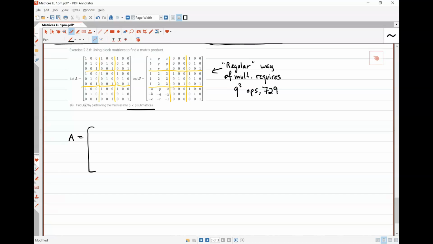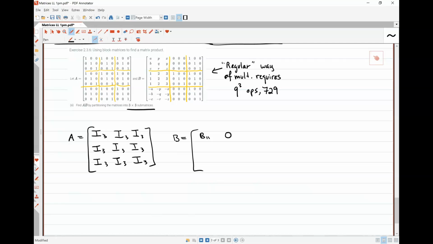All right, so let's write this down as a block matrix. So this is just a whole bunch of I3s, right? Do you guys see that? If you weren't watching me, I don't think I'd even write that down. And B, if I write this down, has some stuff in it in the first block, a zero matrix, and then an identity matrix.